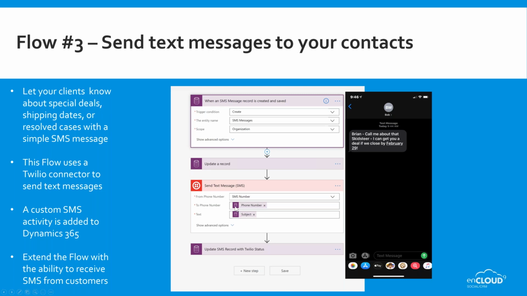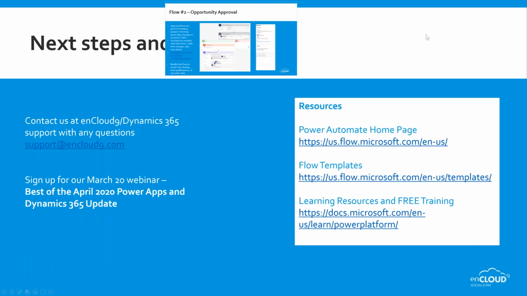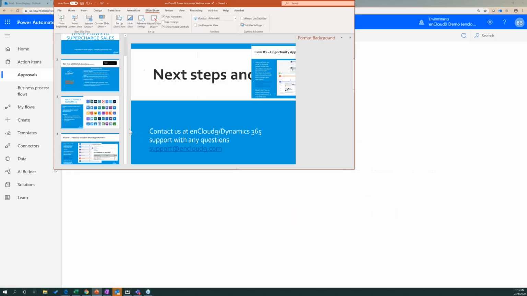It'll send it to the phone number in the activity record, and it'll send the body of the message out as well. Let me demo that one for you from our demo environment.